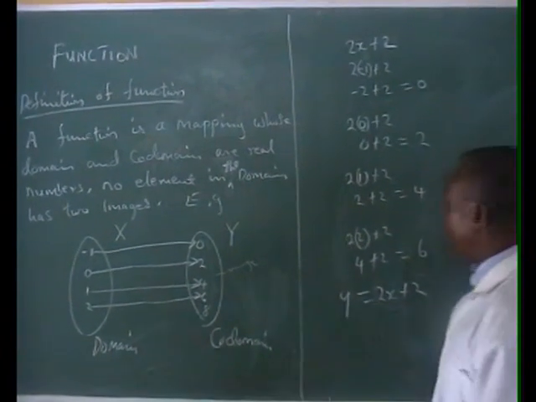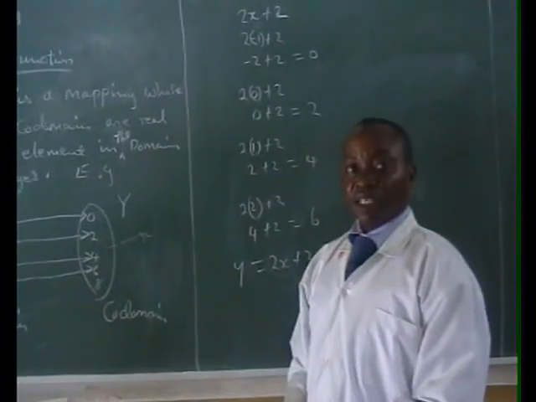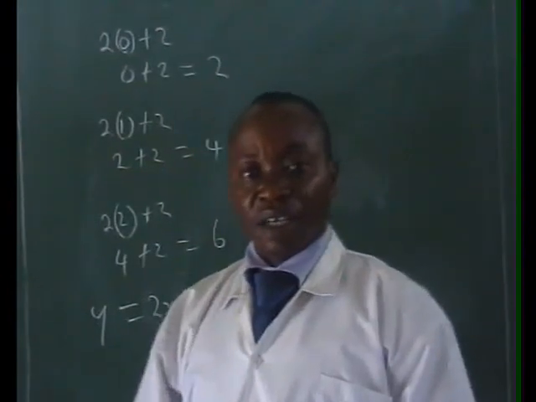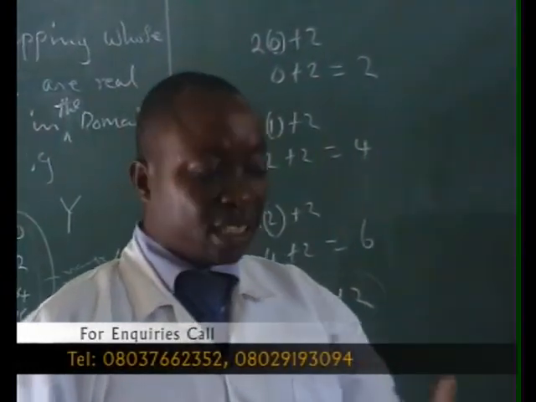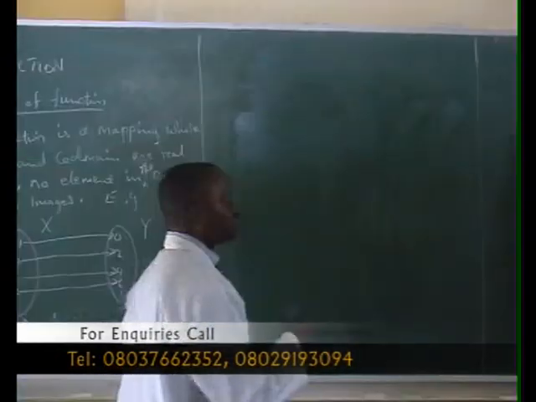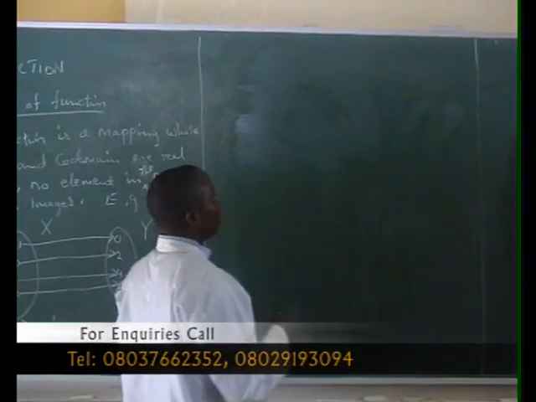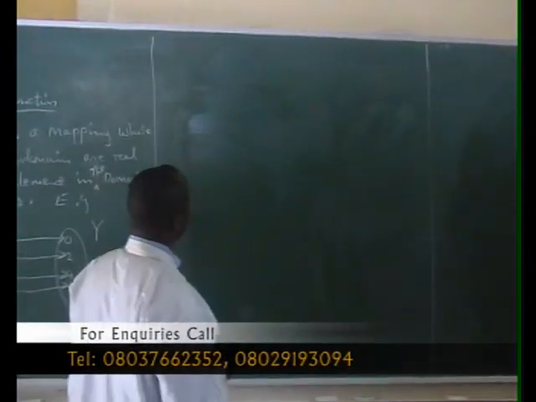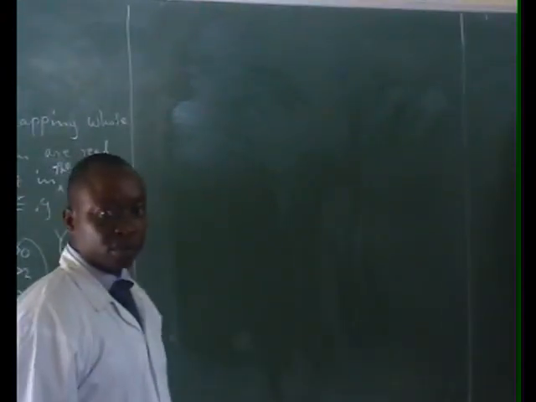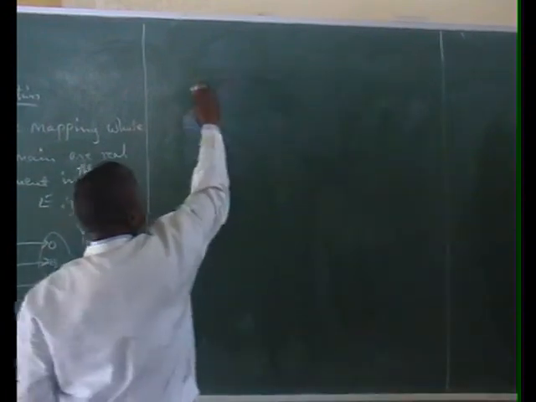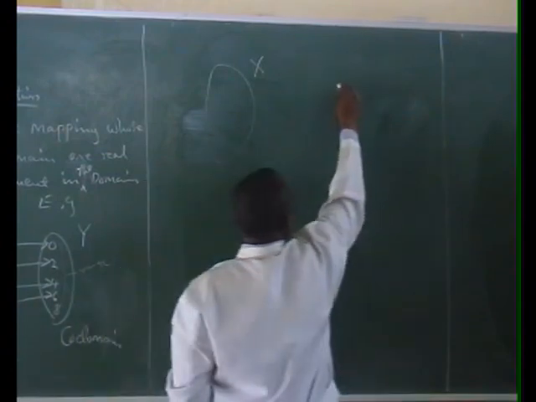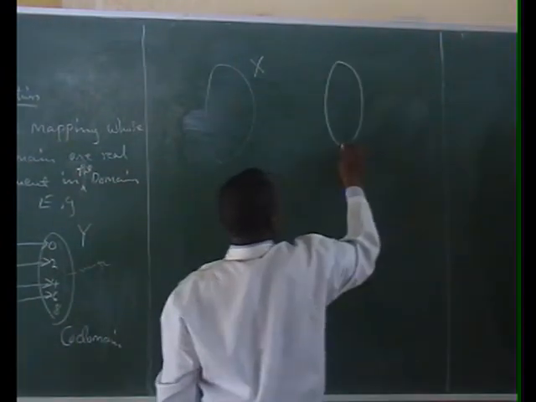Now, we are going to look at another function and also discover the rule by which the elements in the domain and codomain are assigned. Suppose there is a rule such that we have set x, and then I also have set y.